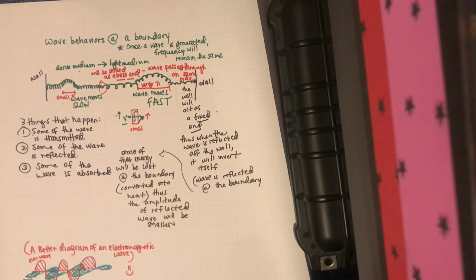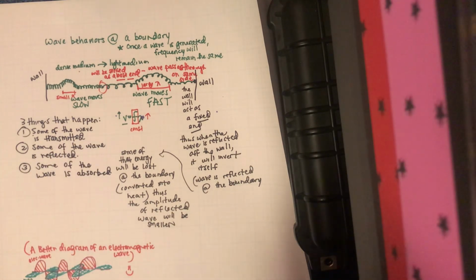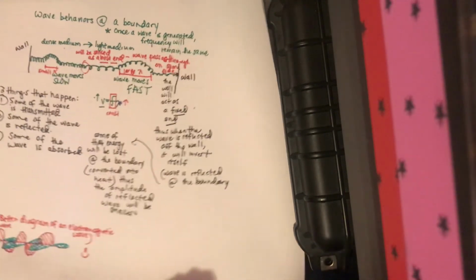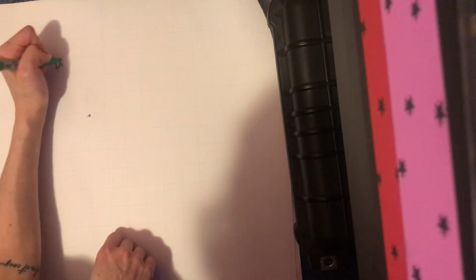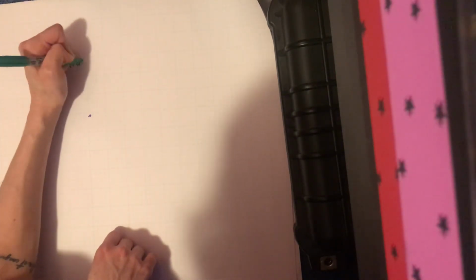Okay. Now I do also want to talk about what happens at a different kind of boundary. I want to talk about something called diffraction. So diffraction is actually when waves spread out or bend around a boundary.